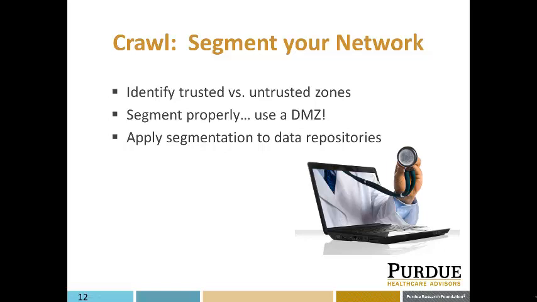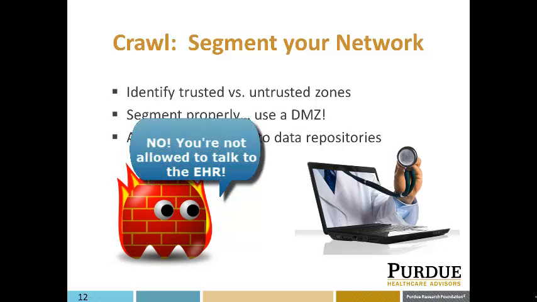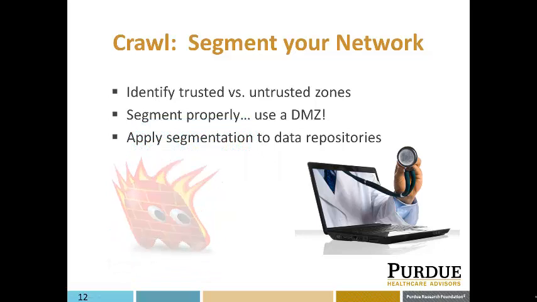So if it's in the demilitarized zone, if it's in the DMZ, and it gets compromised, before it can attack something else in your network, it has to traverse a security gateway. It has to go through a firewall, essentially. And the firewall will say, no, you're not allowed to talk to the EHR. You have no business talking with the EHR, and that activity would not be permitted.